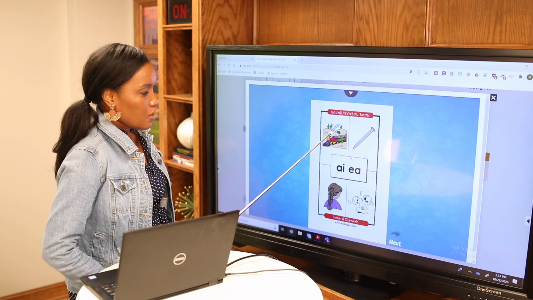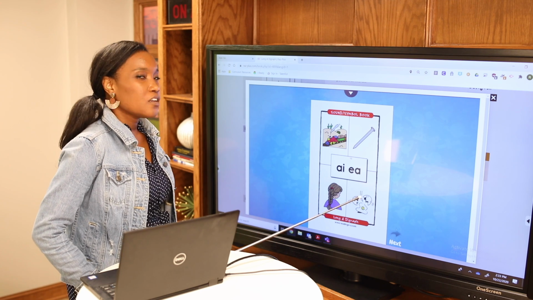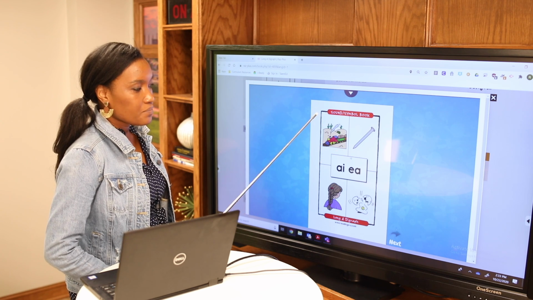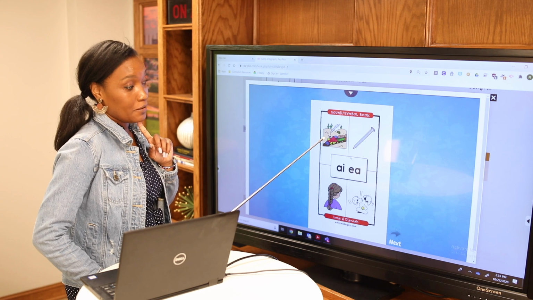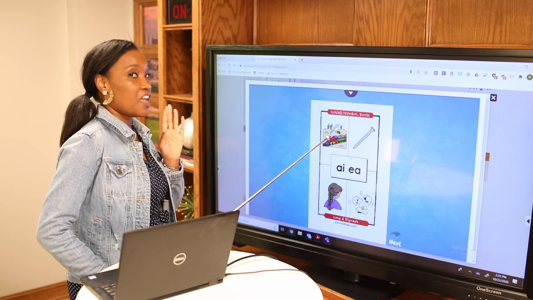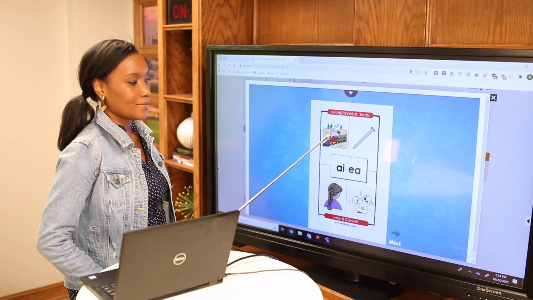A-I, E-A. You notice there are pictures there for us. And we know good readers look at pictures as well. I know what sound that makes, and I love watching them go by. They say, choo-choo. So I know that that's not what that picture wants me to focus on, because it doesn't make a long A sound at all.